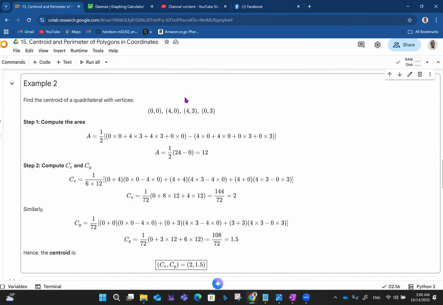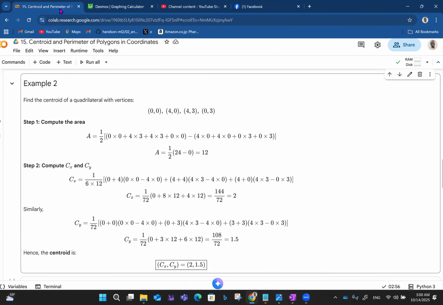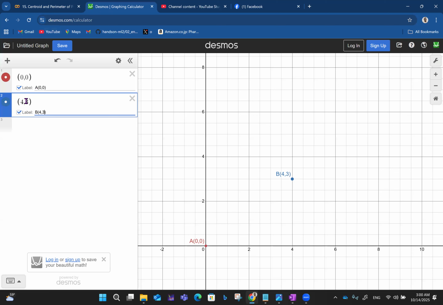Then we have 4, 0, 4, 3; that is C, 4 comma 3.